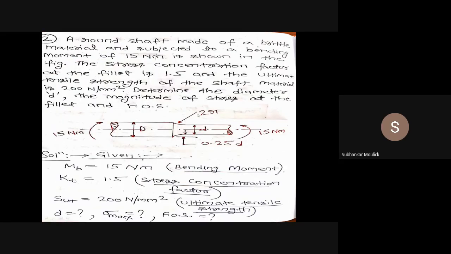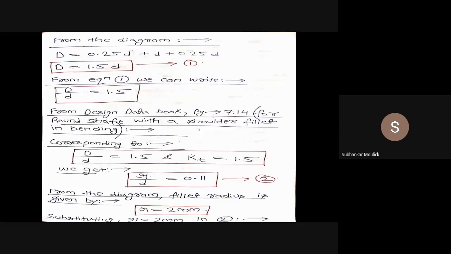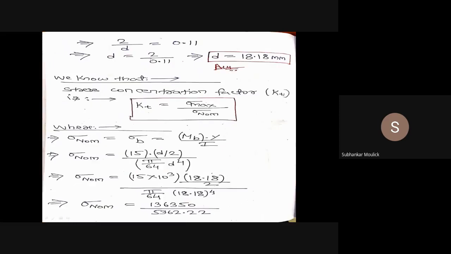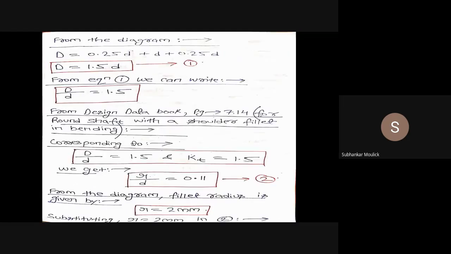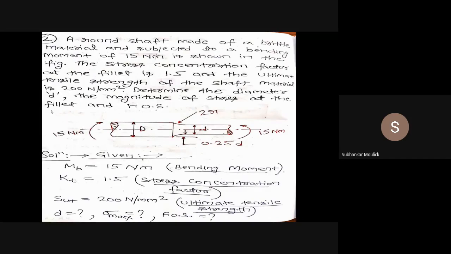Small r is 2 mm. So 2 divided by d equals 0.11. So d will be 2 divided by 0.11, and that value of small d comes out to be 18.18 mm. That is the first part of the answer, the small diameter d of the shaft.